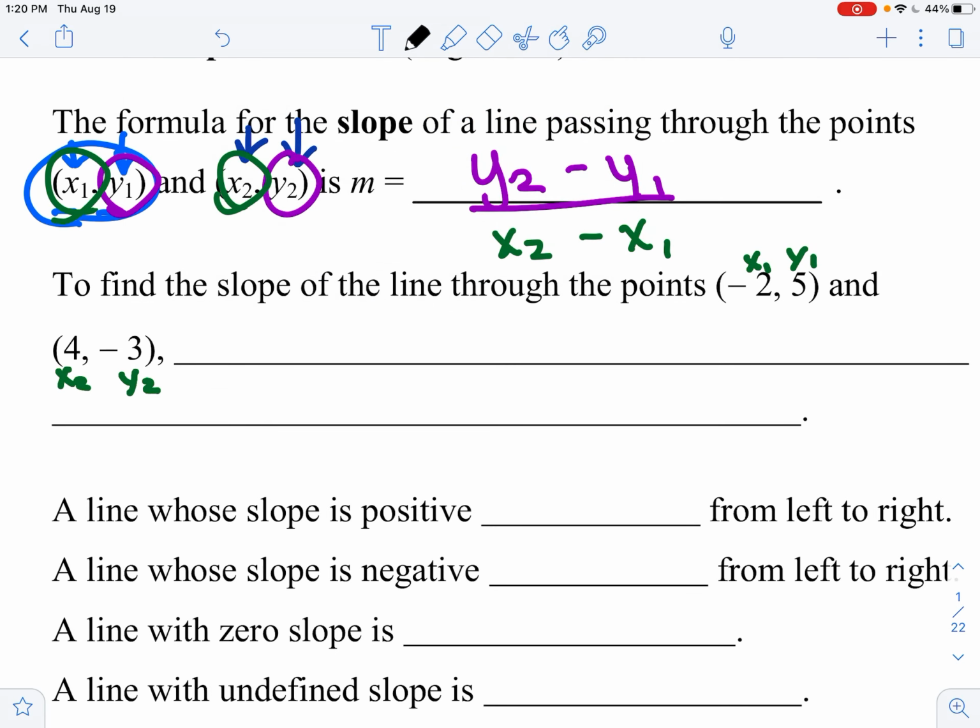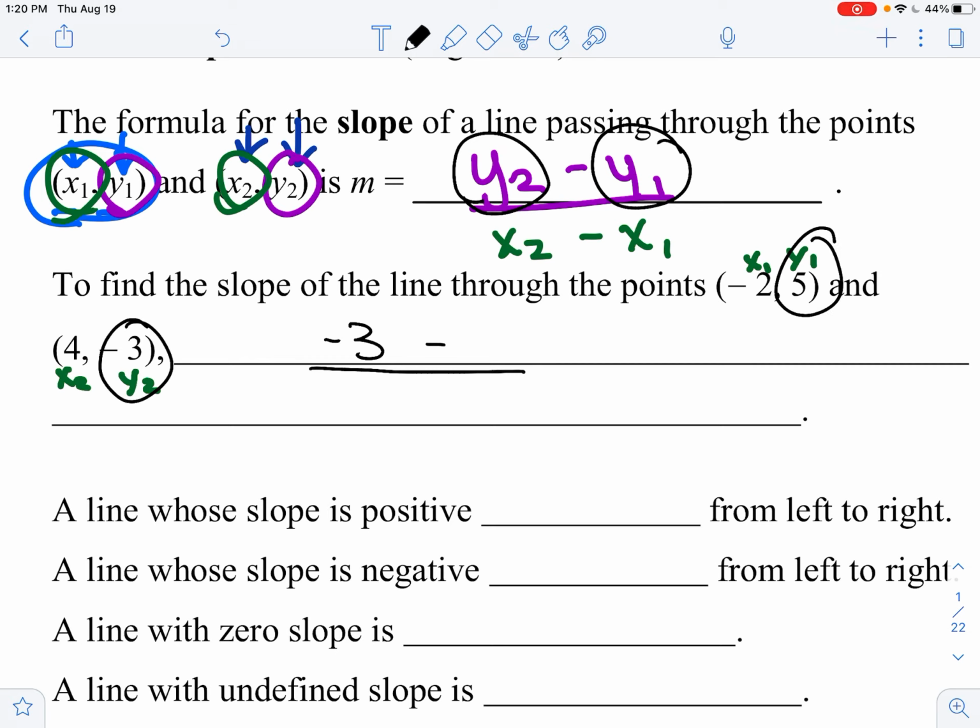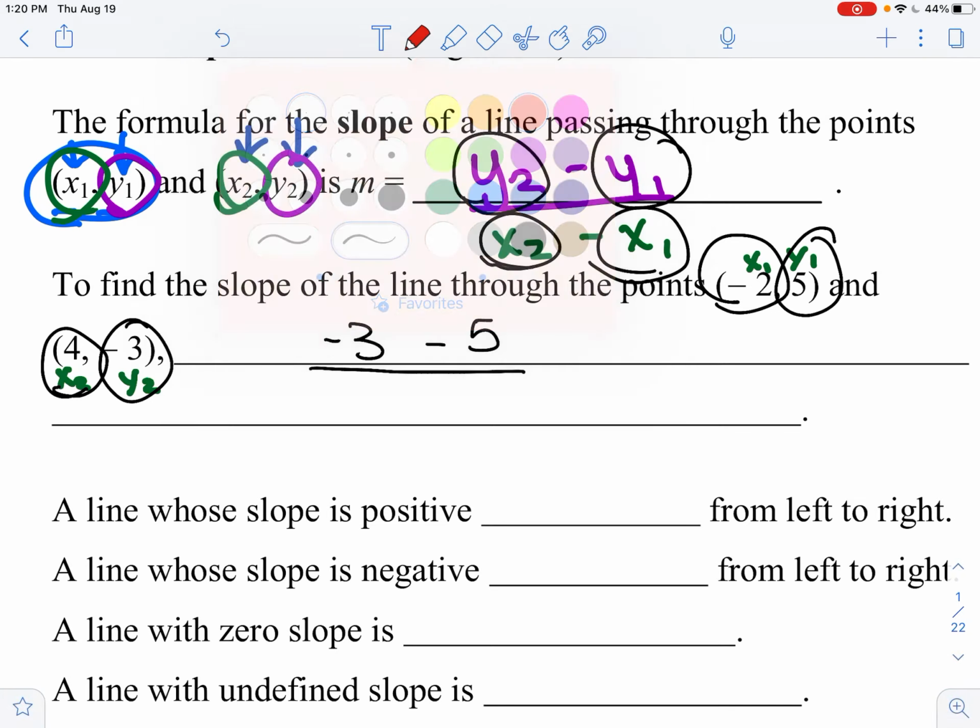So I'm going to say, okay, y2 is right here, -3, minus y1, it's right here, that's 5, all over x2, which is right here, minus x1. Oh, I messed it up. Sorry. In red. This is x2 minus this is x1.